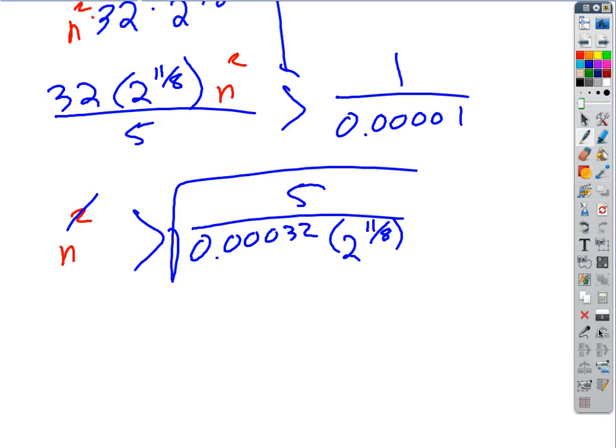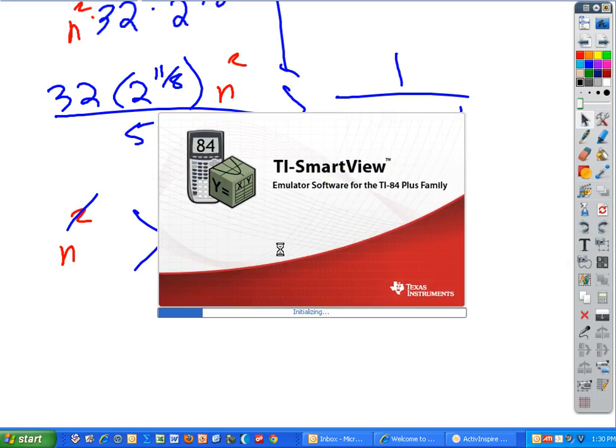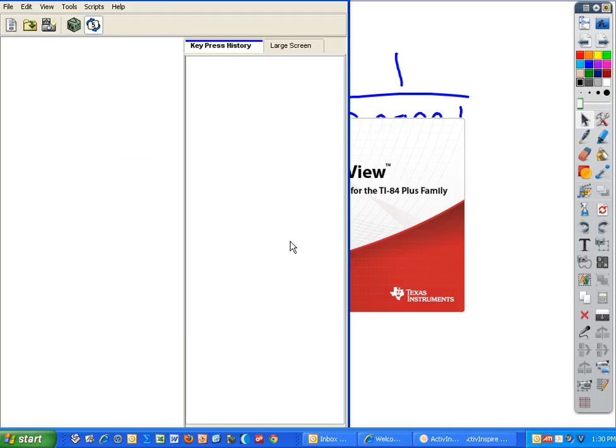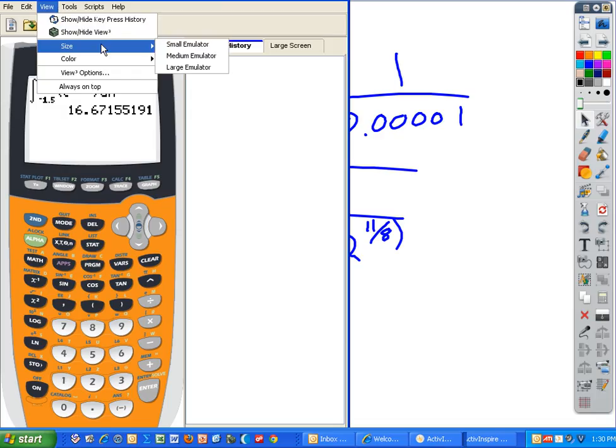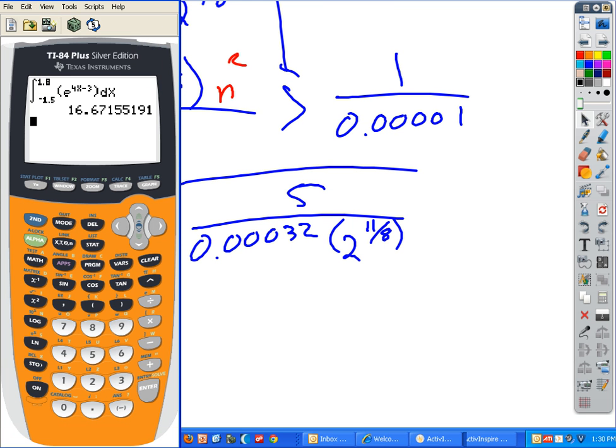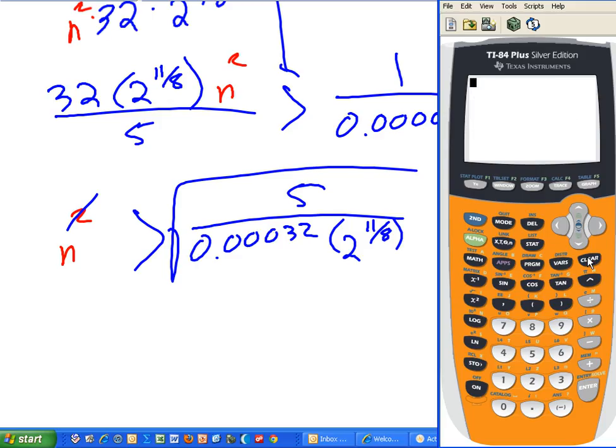Okay, so if we do that, square root of 5 divided by 0.123332.